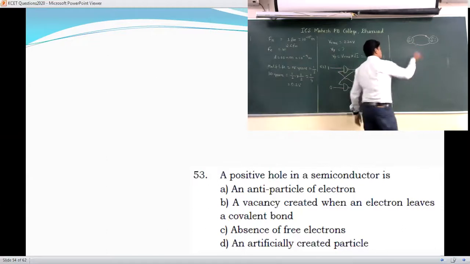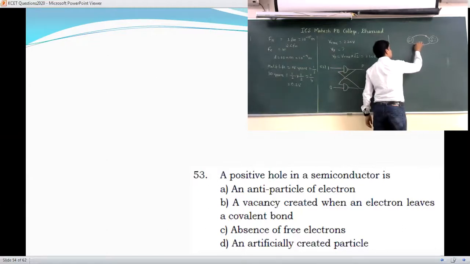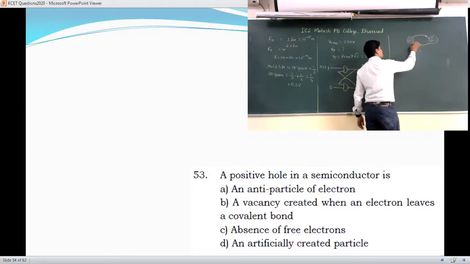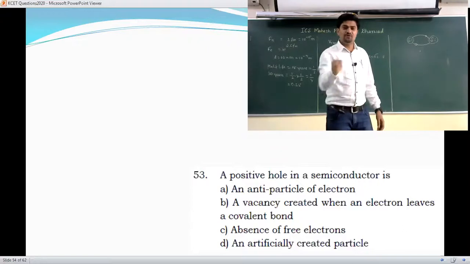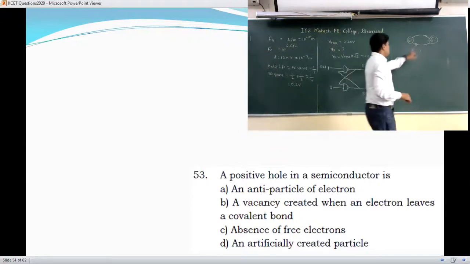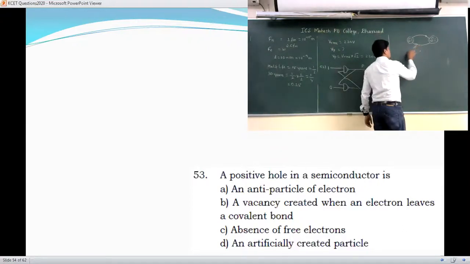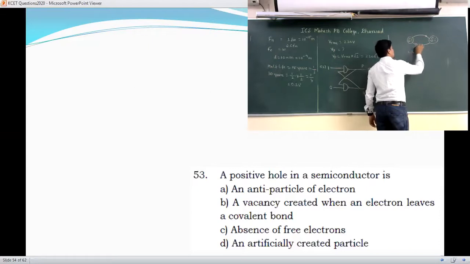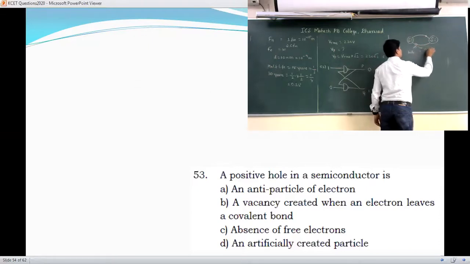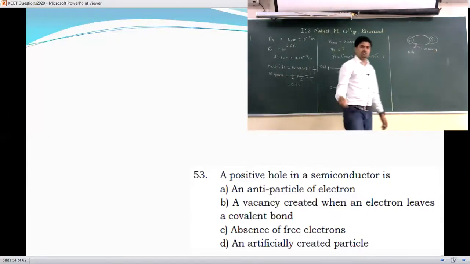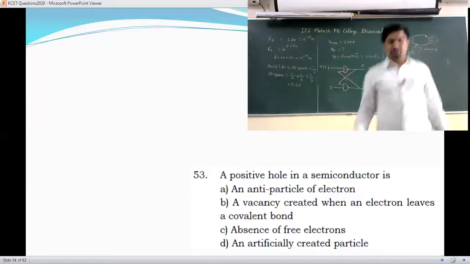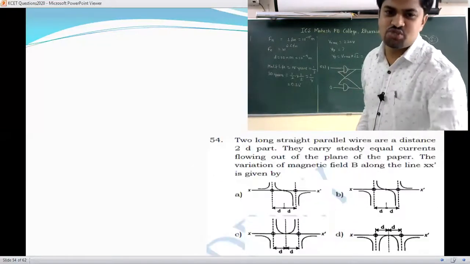Here we get a vacancy, a vacancy of electron. It is called a hole. So the vacancy of an electron is called a hole. Holes are positive and electrons are negative. Okay, let us go to the next question.